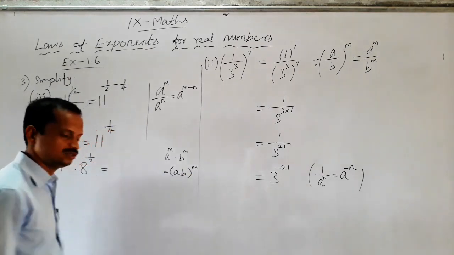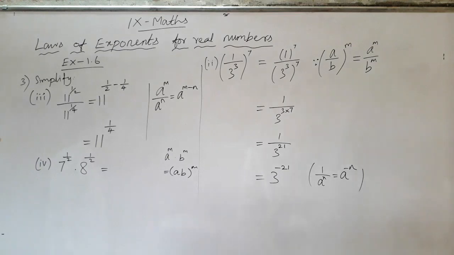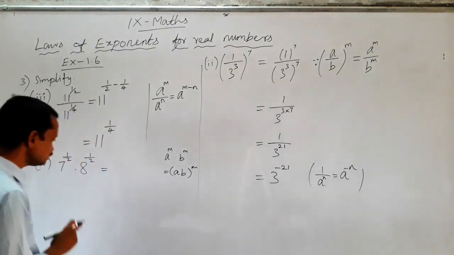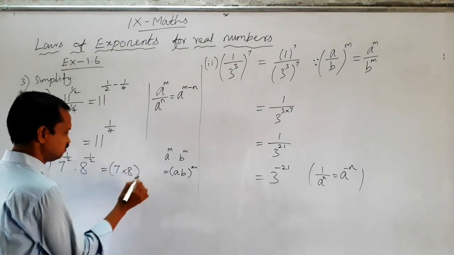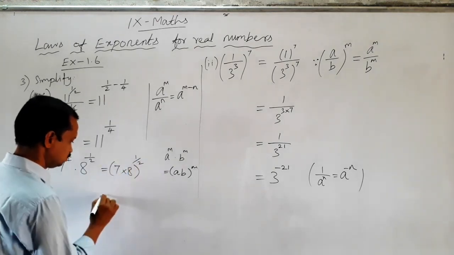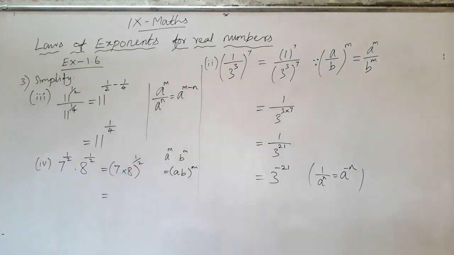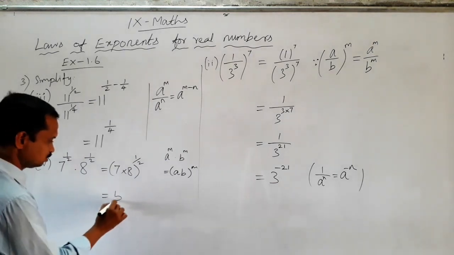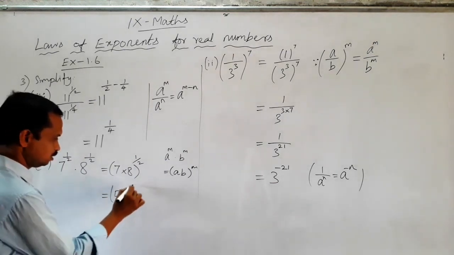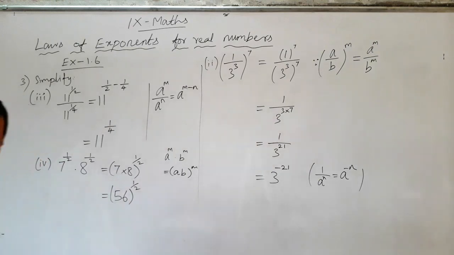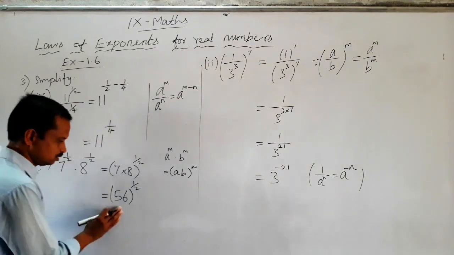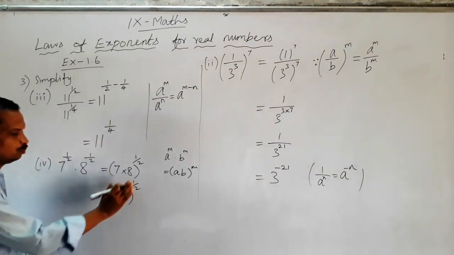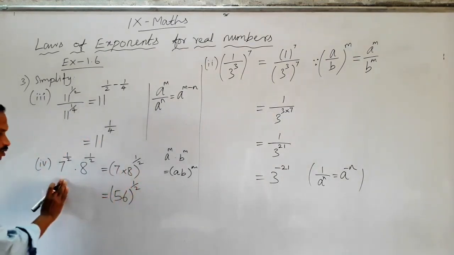The bases are different but the exponent is same, so you can apply this law. Now I am writing this as 7 into 8 whole to the power 1 by 2. And 7 into 8 is 56, so 56 whole to the power 1 by 2. We cannot simplify this further. 56 whole power 1 by 2 is the final answer for this question.